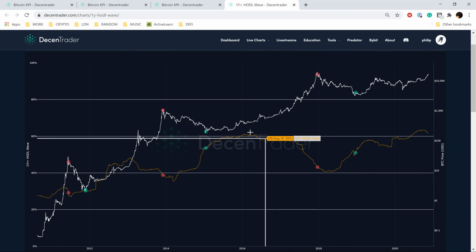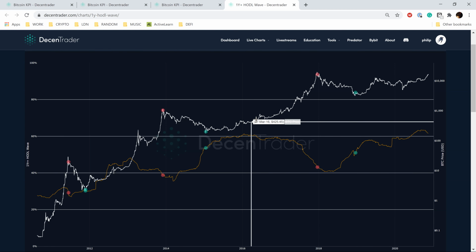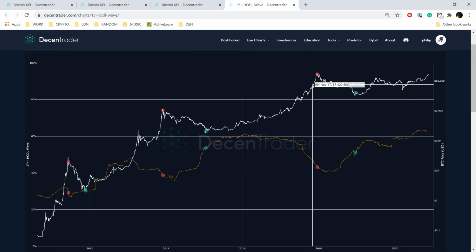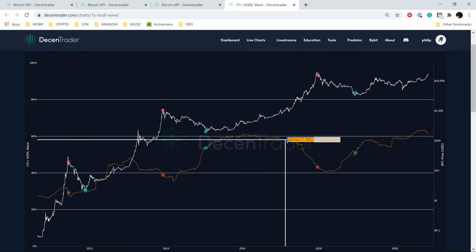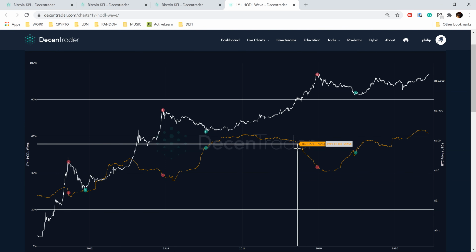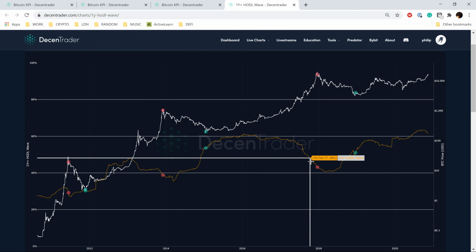And the reason for that is because hodlers who bought and held in the early stages of the bull market and also in the bear market are starting to realize their profits as price increases, and so those coins are no longer being held for more than a year because they're being cashed out and moving to another wallet, and so therefore we see this percentage decrease.